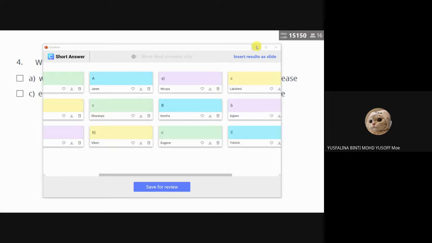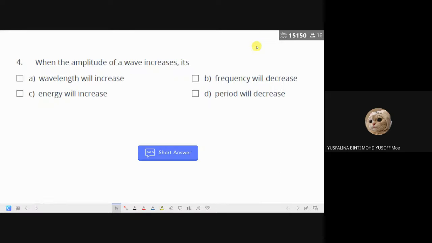Right, so let's check the answer. When the amplitude of a wave is increased, the energy also will increase. Remember I told you just now, the amplitude actually represents the energy. So when the amplitude increases, the energy also increases.